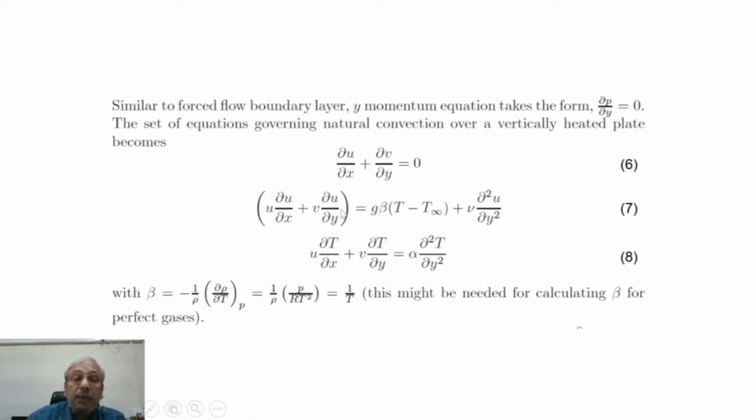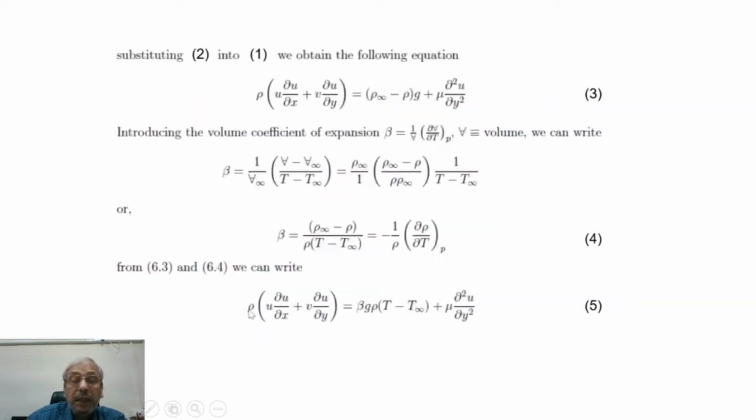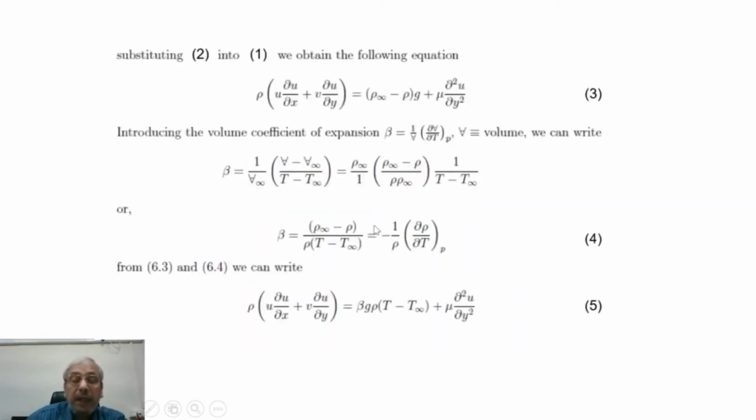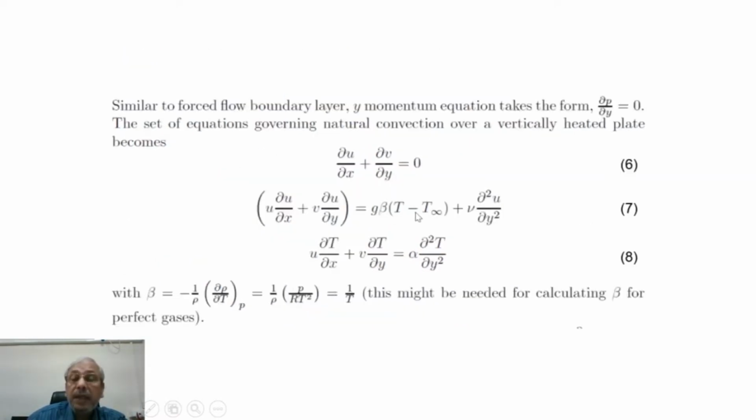Gravity is acting vertically downward, so u ∂u/∂x plus v ∂u/∂y equal to g beta (T minus T infinity) plus nu ∂²u/∂y². Dividing the entire equation by rho, we get this. And the thermal boundary layer equation remains as u ∂T/∂x plus v ∂T/∂y equal to alpha, thermal diffusivity, ∂²T/∂y².